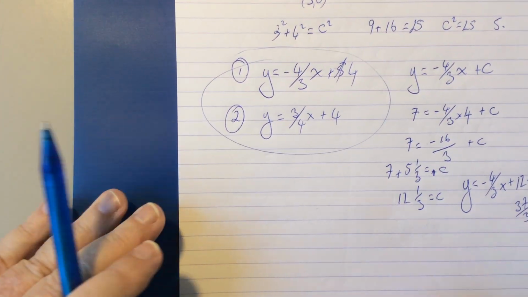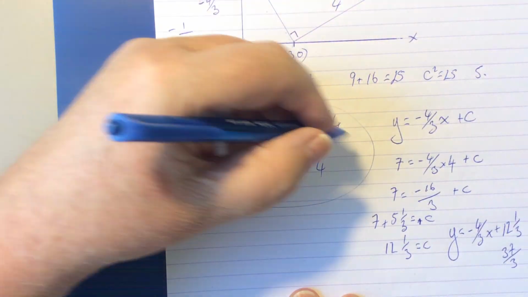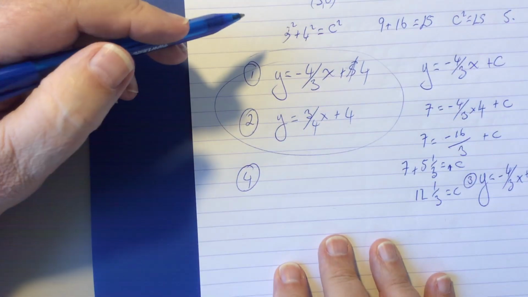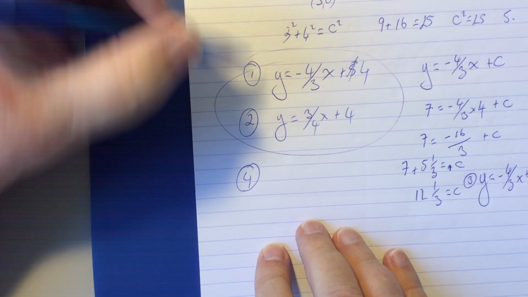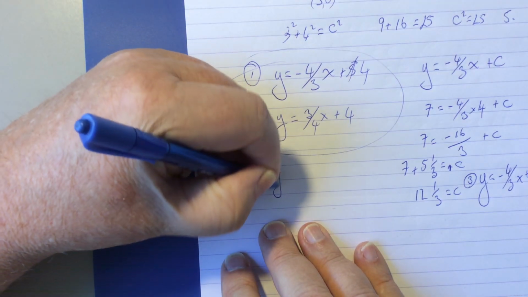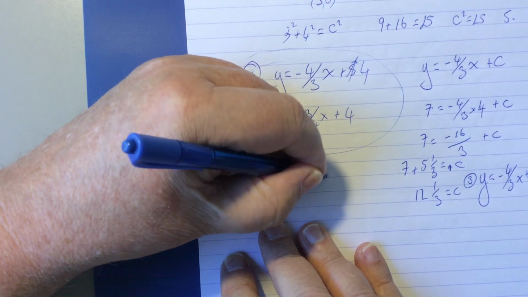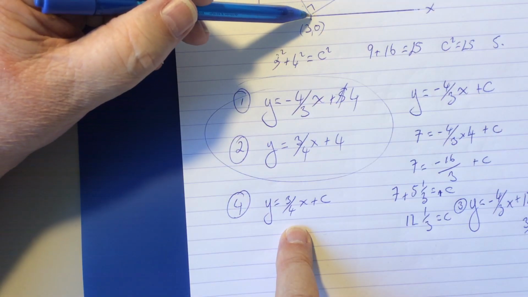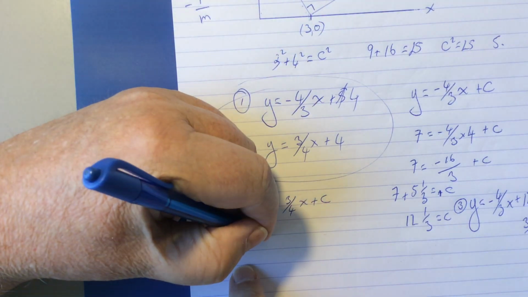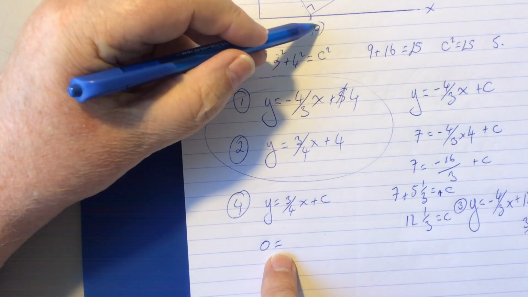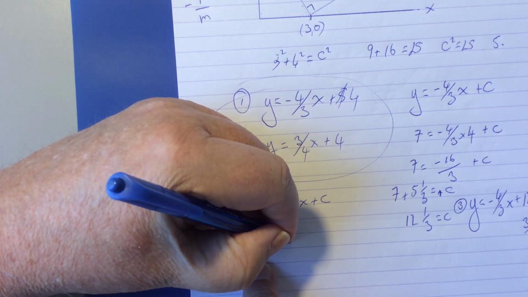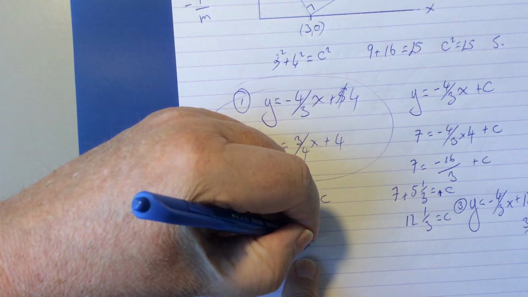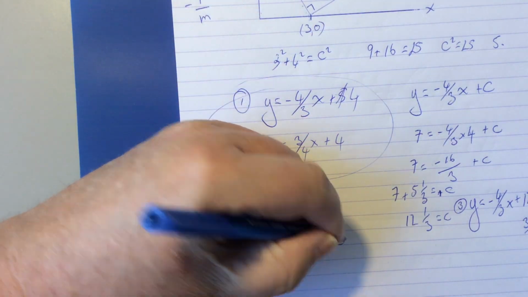Now, on this crowded piece of paper, we have found number 3. We are going to find 4. Now, 4 we know has a gradient of 3 over 4. So y is equal to 3 on 4 x plus c, and we will take a nice easy point like this. 0, so that's our y coordinate, is equal to 3 on 4 times 3 plus c.